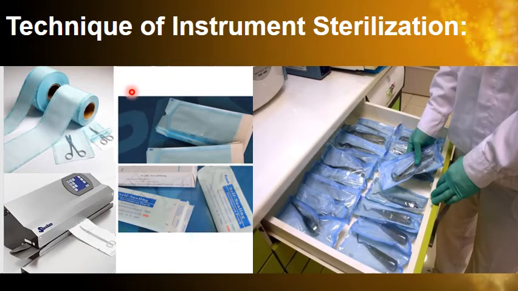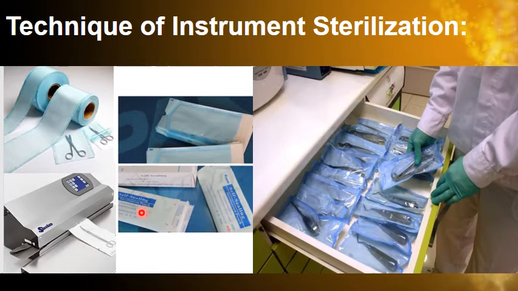How do I keep the instrument sterile? I will use sleeves or pouches, either rolls that I cut with this sealing device that will cut and seal the pouch, or pre-sealed pouches opened from one side. I will put the instrument inside, seal it from this side, and put them in the autoclave.